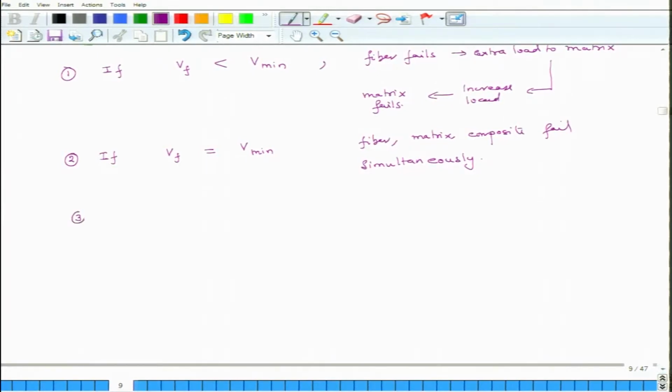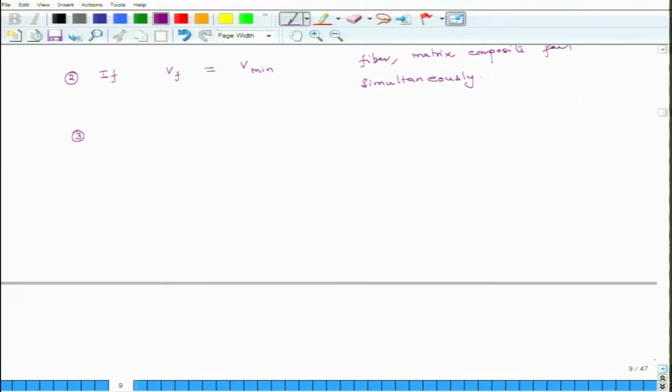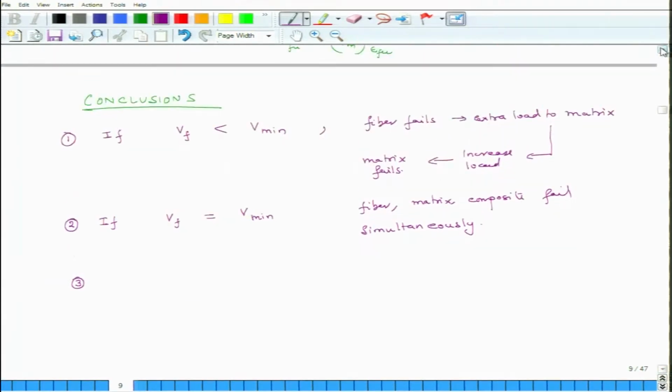Third, not only that, we also have to make a comment on sigma Cu. Sigma Cu is less than sigma Mu, right, because we have not reached the critical volume fraction. So, here also, sigma Cu is less than sigma Mu.